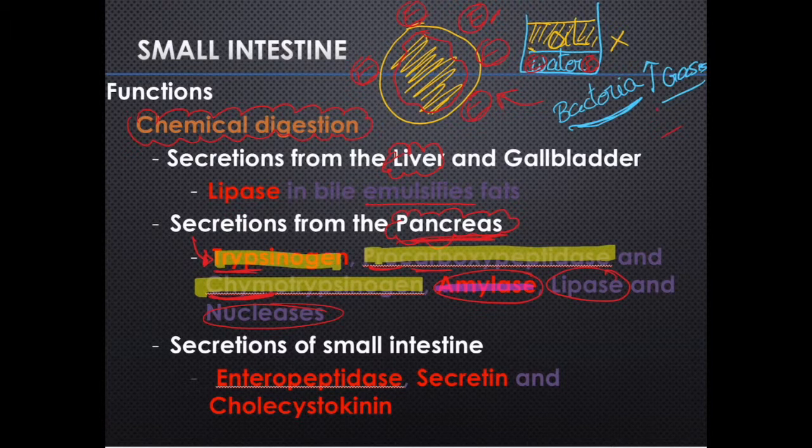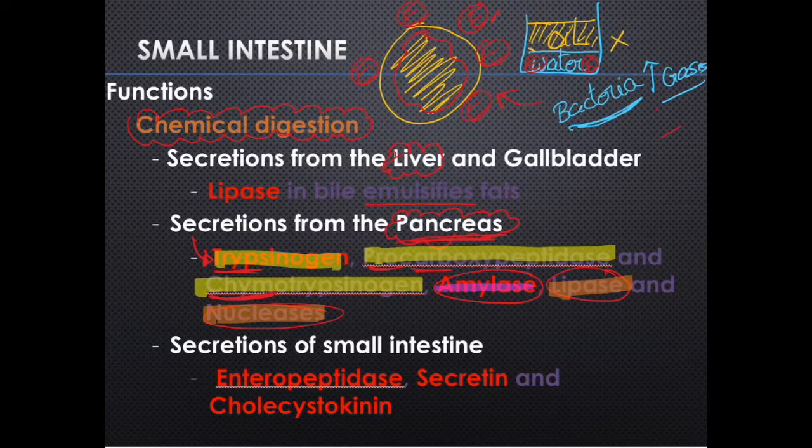Fat is going to be broken down by the lipases, and the DNA and RNAs that we ingest will be broken down by the nucleases. Alright, so again, pancreatic enzymes will help with the breakdown of all the nutrients.